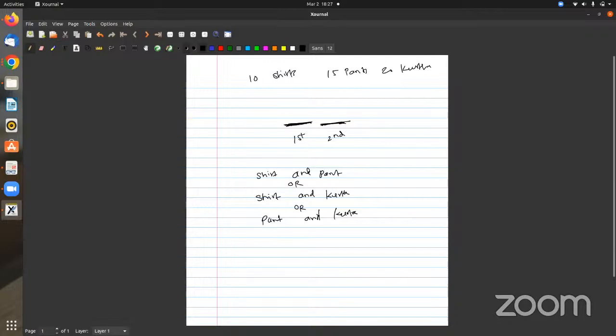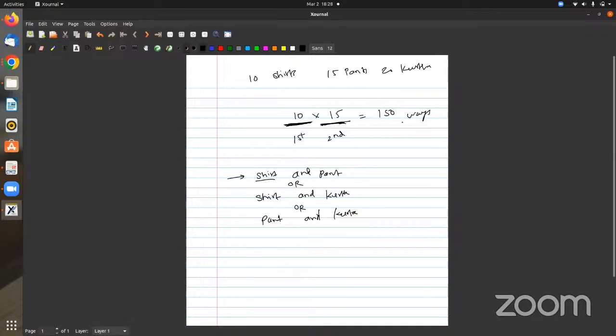So let's say he is going to choose shirt and a pant. How many ways can he select a shirt? 10 ways. And how many ways can he select a pant? 15 ways. So the total number of ways he can select a shirt and a pant is 150 ways, right?